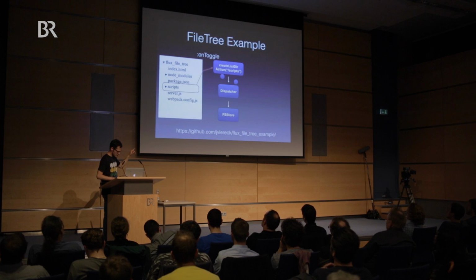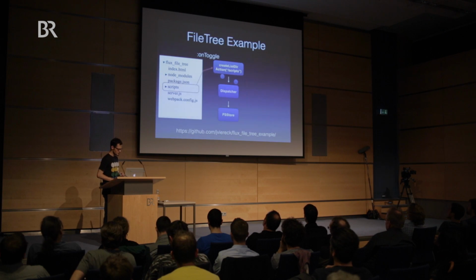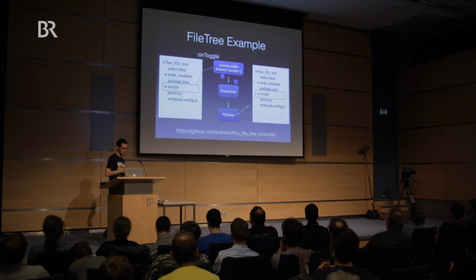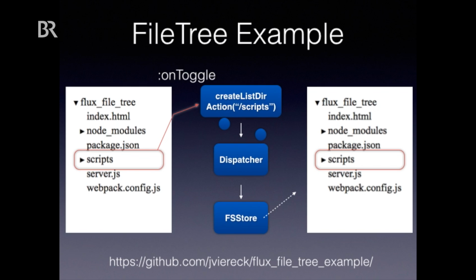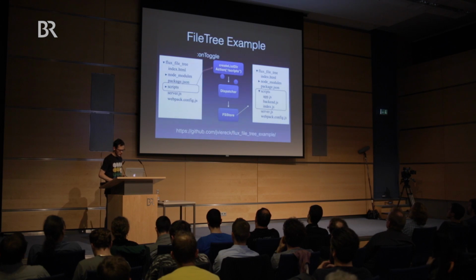We throw this against the dispatcher. We then update our file system store, where we keep what files we have loaded from the server already. Then we trigger a change event, and on the right-hand side, this causes our view to update, and we can now draw the expanded views with the files in there.